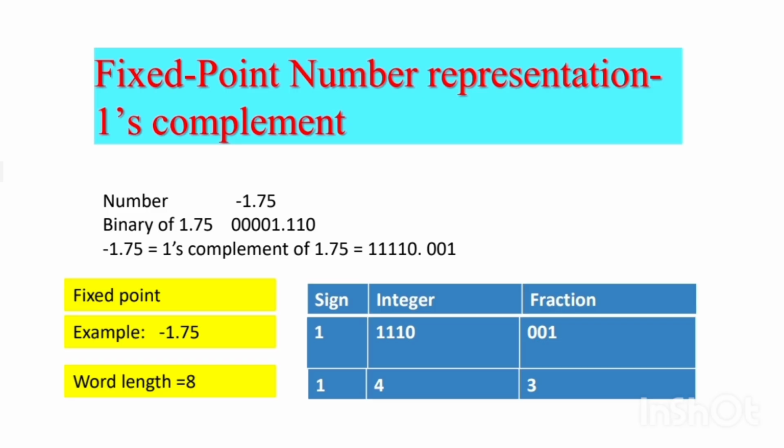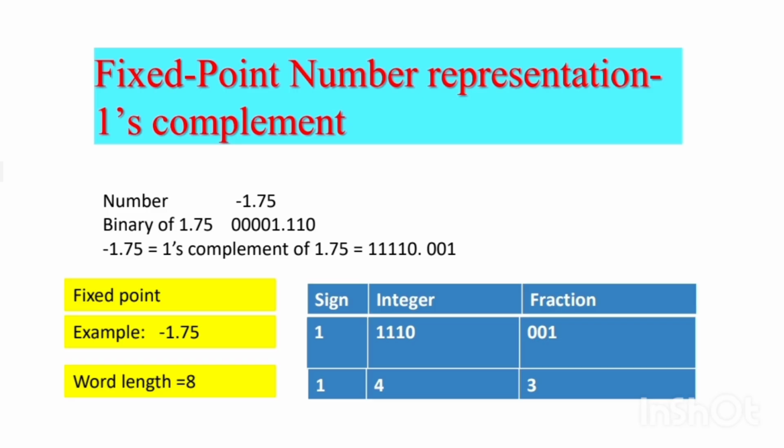How will we proceed with the representation? We have 1 bit for sign, 4 bits for the integer part, and 3 bits for the fractional part. The binary pattern of 1.75 is 1.11.